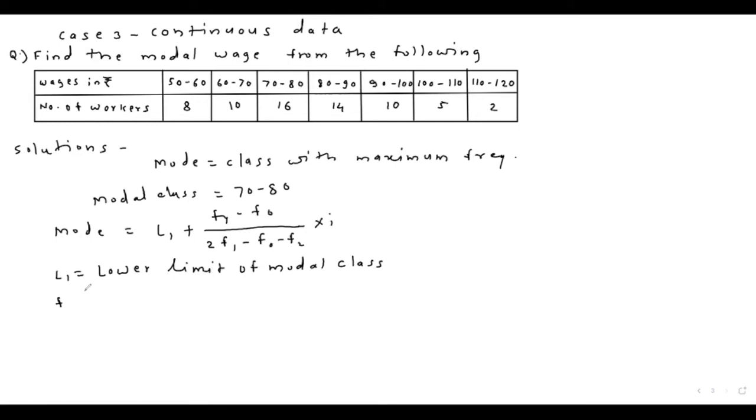Then we have F0. F0 is the frequency of the previous class to the modal class.